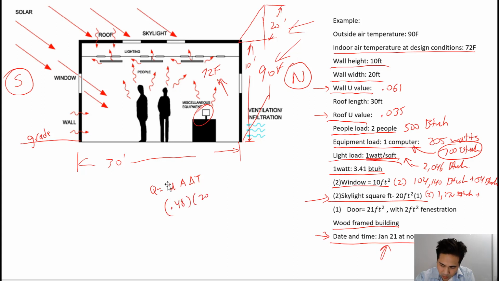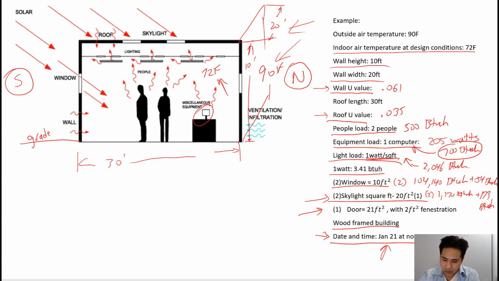And the area is 20 square feet for each skylight, and the delta T is the outdoor temperature minus the indoor temperature. So 90 minus 72 is 18. And the answer for that is 172.8. So I'm going to round that to 173 BTUs per hour.